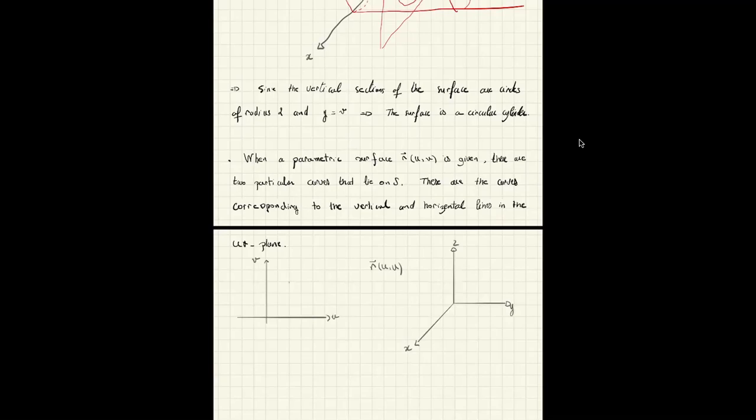So if you take a line here, the corresponding curve will be when we fix, for example, v equal to v0, and then you vary u. It'll give you a curve given by r(u,v0), because now we have only one variable left.